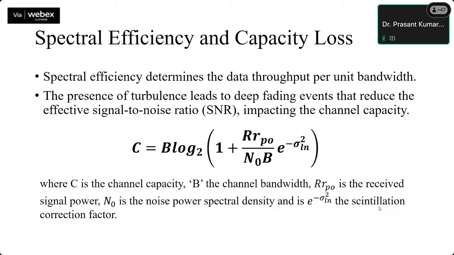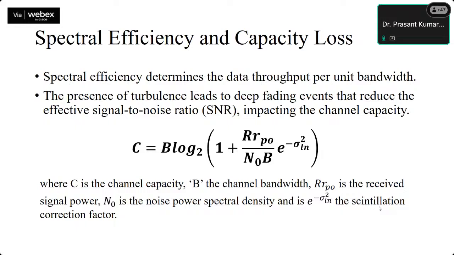Another thing is that the presence of turbulence will lead to fading effects, and that will reduce the effective signal to noise ratio, which will in turn affect the channel capacity. If you go with the channel capacity theorem, we know that C equals B log2(1 plus SNR). So in this case, I try to present that in terms of the fading effects.